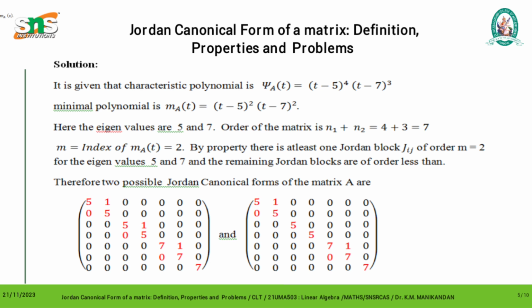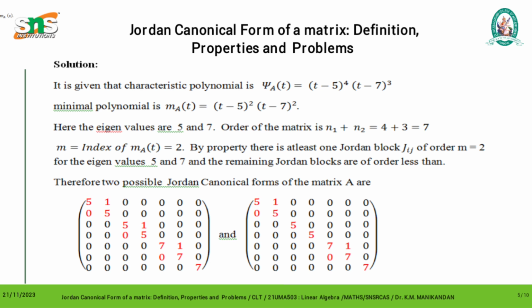And the next possible case: there is at least one Jordan block of order 2 for lambda equal to 5 and lambda equal to 7.